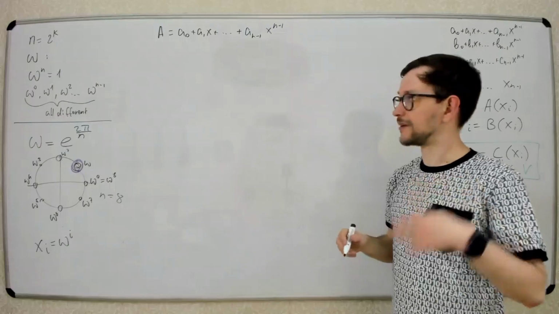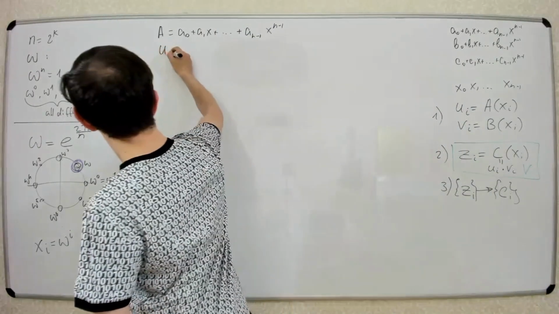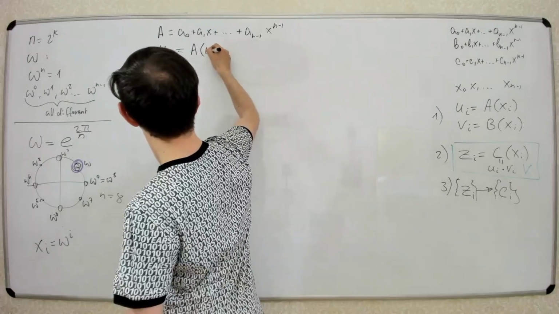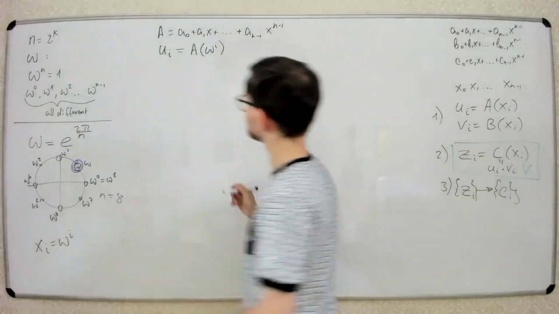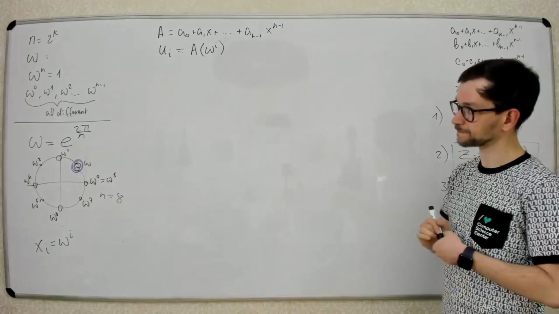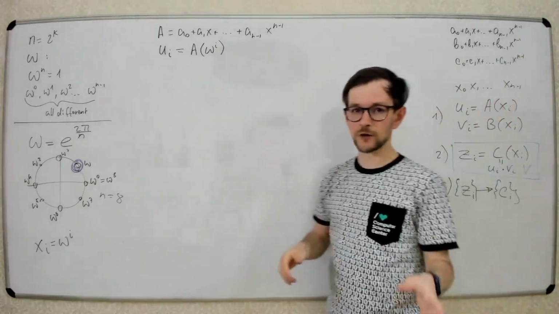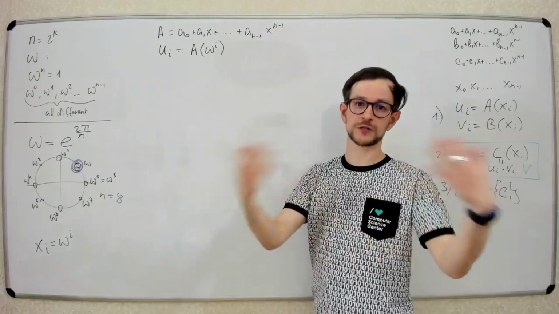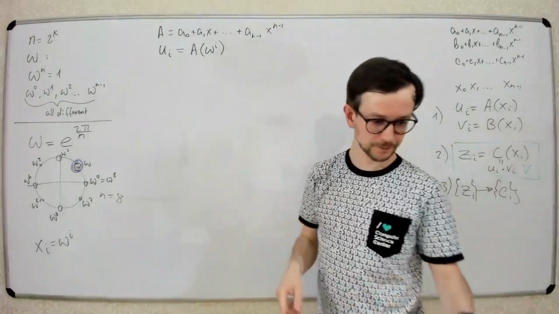And we'll calculate the values ui such that ui equals the value of polynomial a in point xi. So my algorithm takes n numbers, like coefficients of this polynomial, and returns n numbers, like these values.